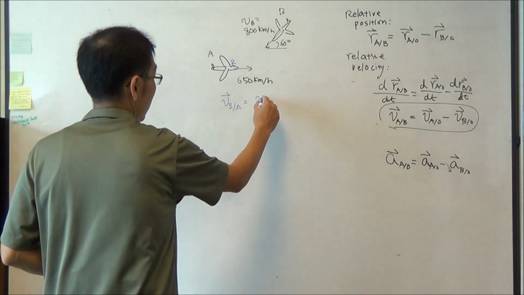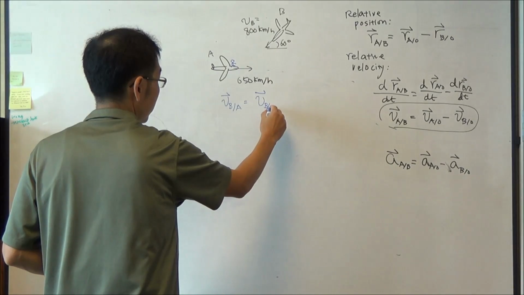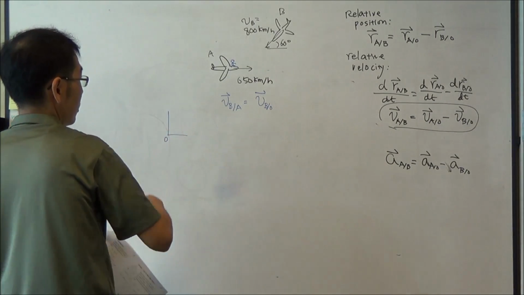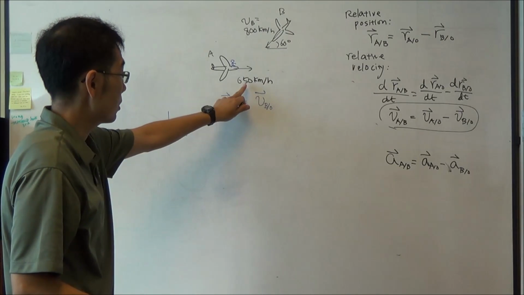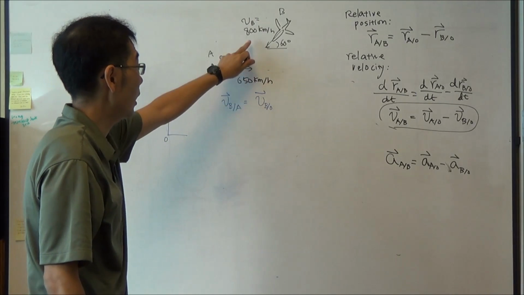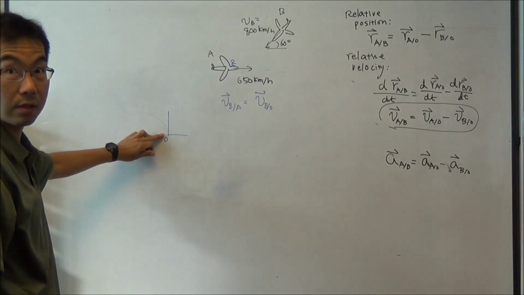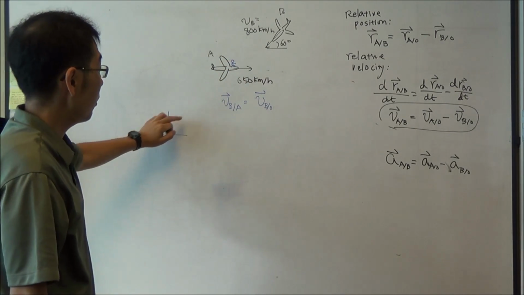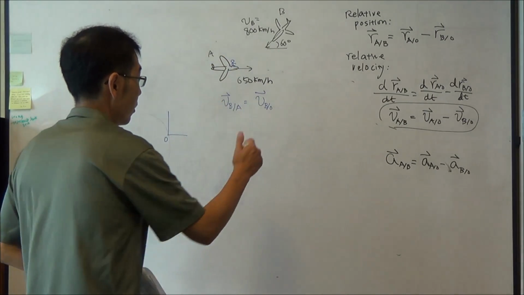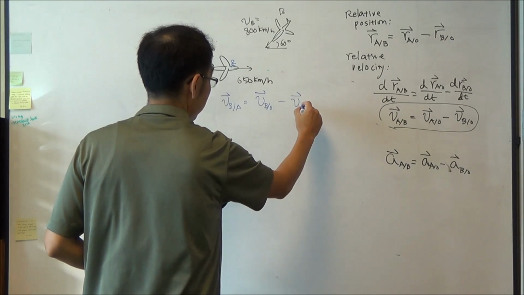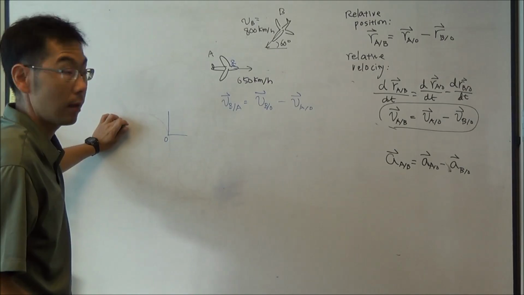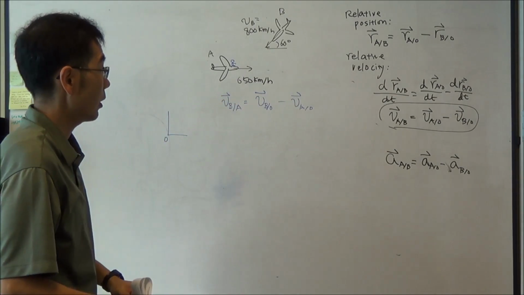This is B with respect to the origin, which is somewhere here. You describe the velocity of A and B, which are 650 and 800, with respect to some fixed position, right? But I want to find the relative velocity of B with respect to A.